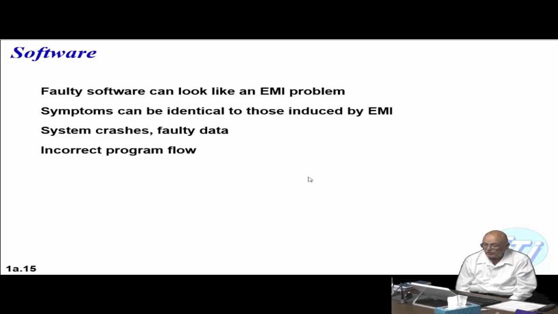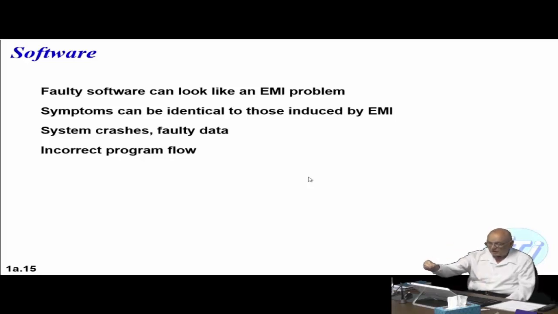Faulty software can look like an EMI problem. So it's all interconnected, and the symptoms can be identical to those induced by EMI. You have system crashes, faulty data, incorrect program flow. For instance, in every computer there's a thing called a program counter. The program counter points to where it wants to get the next instruction.